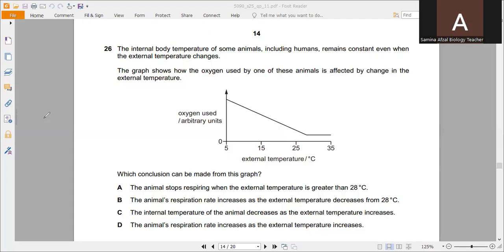We know that as the external temperature decreases, oxygen use is decreasing. According to the graph, this is the temperature after which the oxygen use is streamlined.